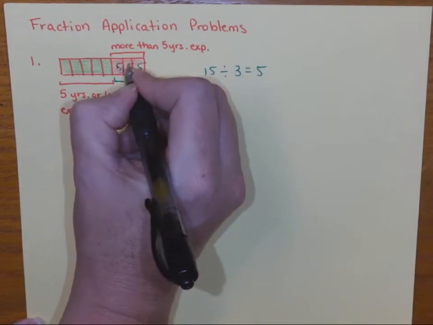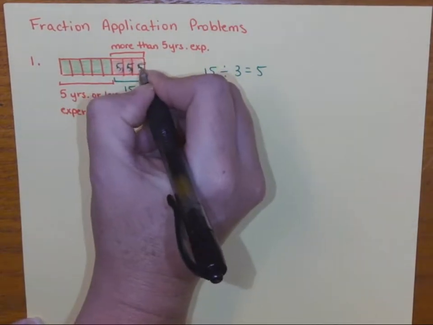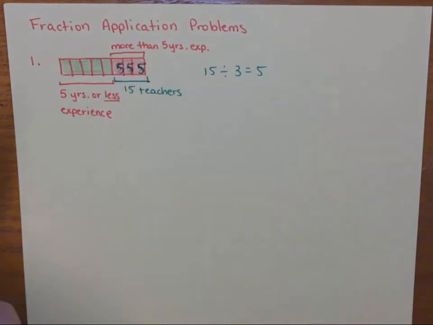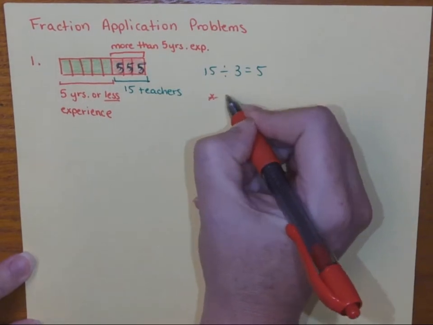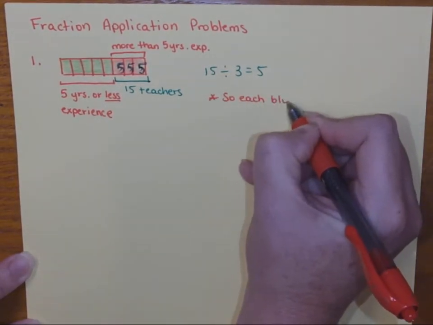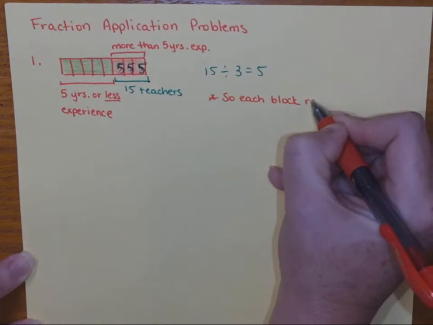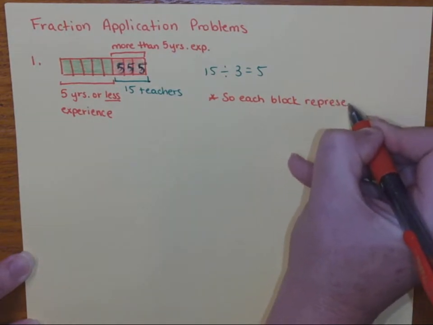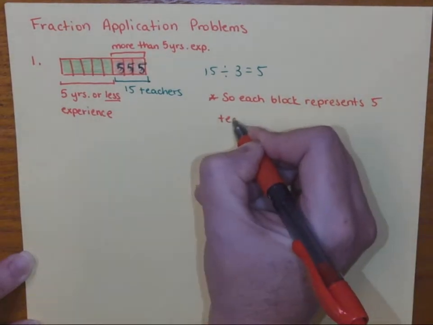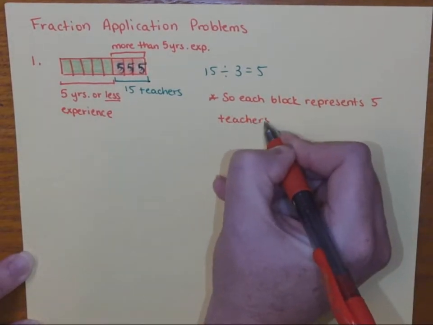Okay, so let me make that darker maybe with my black pen here. I don't think that was that much better. Okay, so what we know now, since these are fractions where we have to have equal size pieces, is that each block represents 5 teachers. So the final question asks us how many teachers were in the school. So notice how many whole blocks are there.